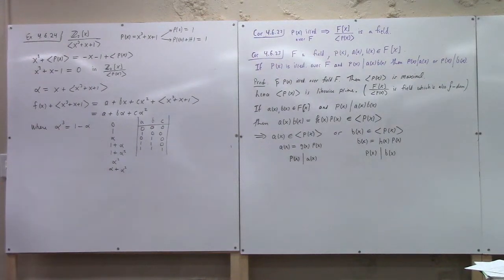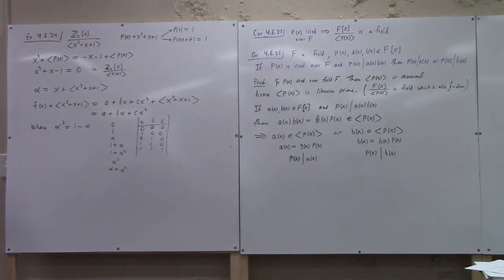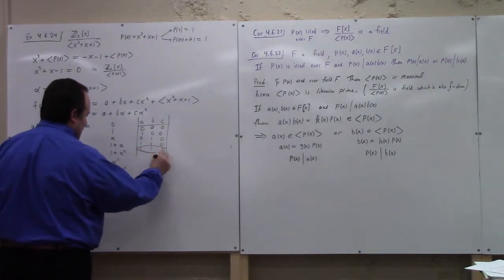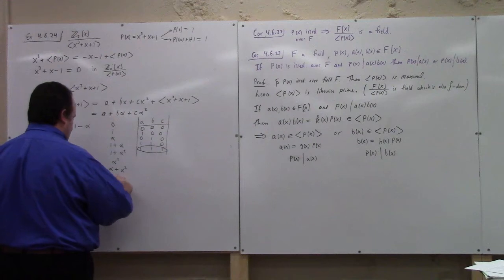What am I missing? 0 plus alpha is still alpha. Oh, I know what it is: I'm missing 1 plus alpha squared.